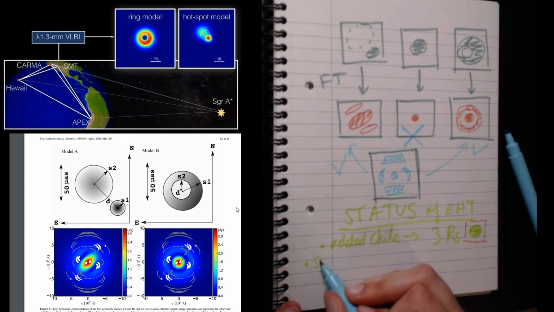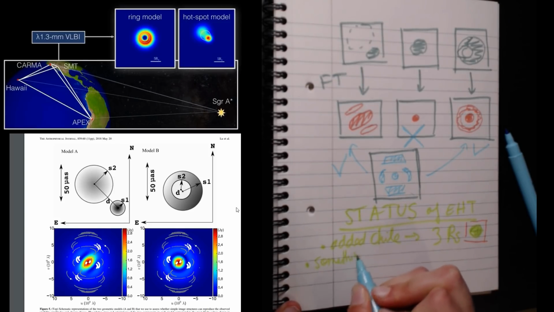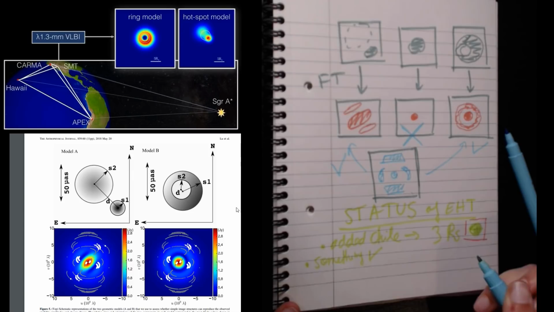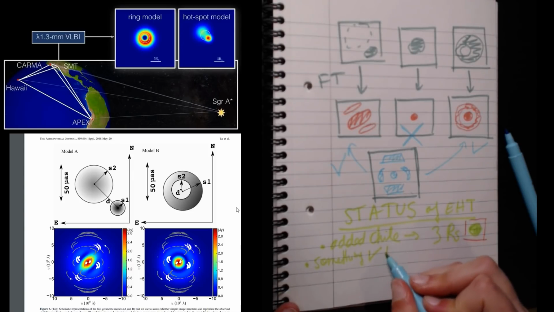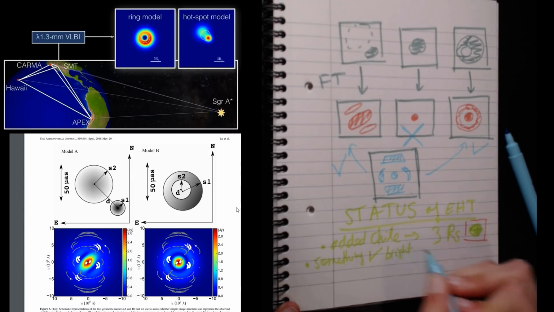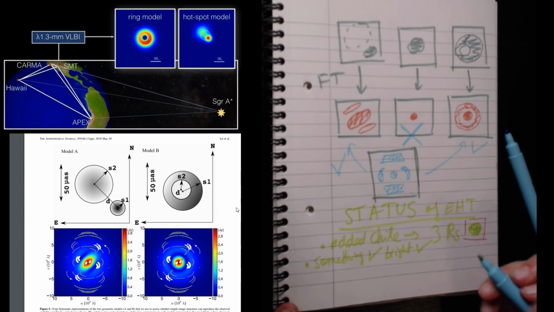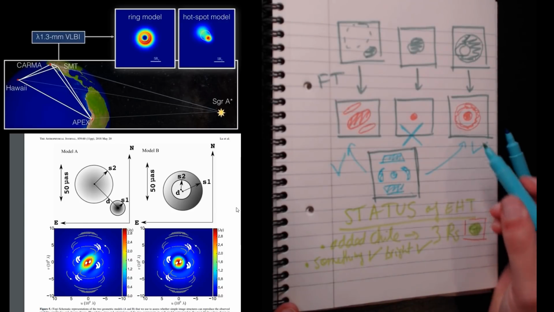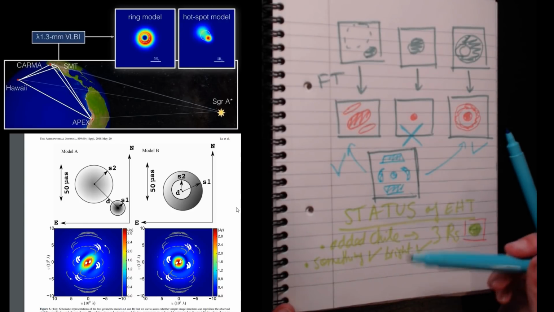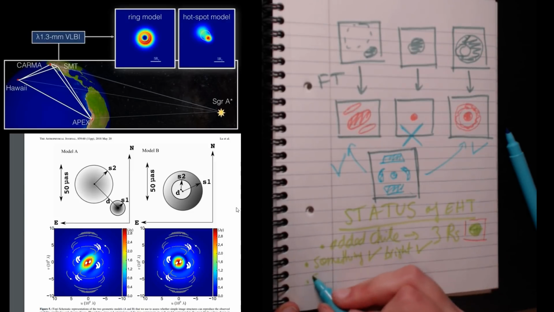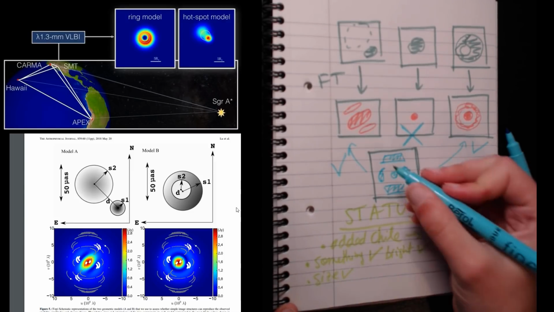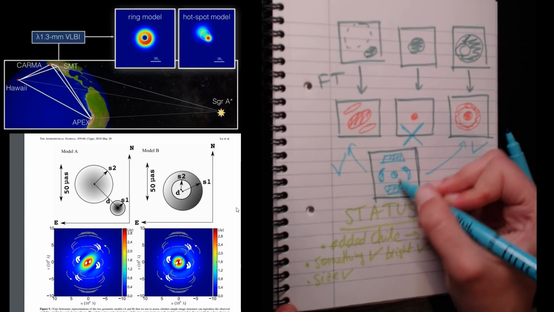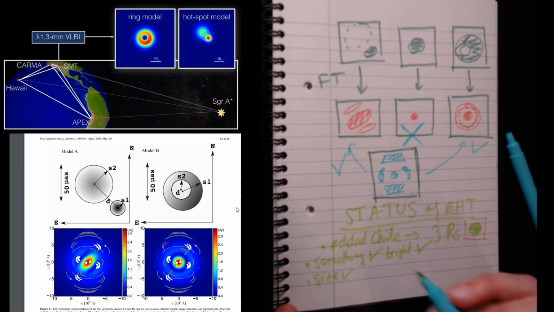They have checked that there is something there where Sagittarius A star should be. They have checked that the brightness is correct. It agrees with all the models which say how bright an accretion disk should be. The size of the object, they can constrain already from some of this partial information that they have, and it's fine.